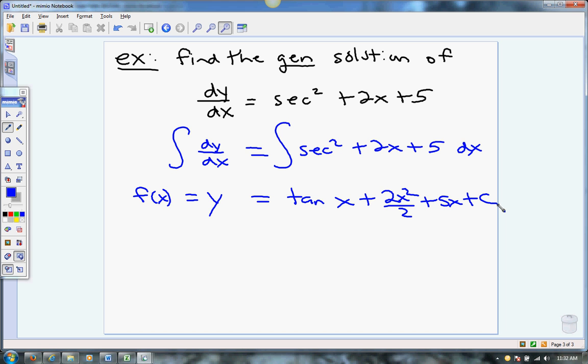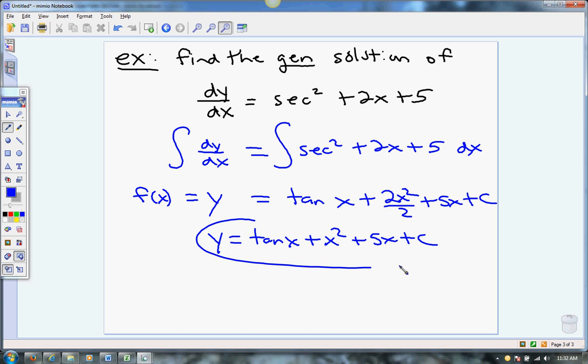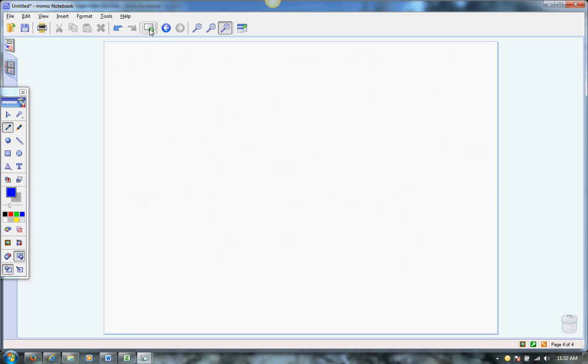And so my general solution, this problem's easy, is y equals the tangent of x plus x squared plus 5x plus c. Okay, that is a general solution to a differential equation. Now, what if, let's do another initial value problem.